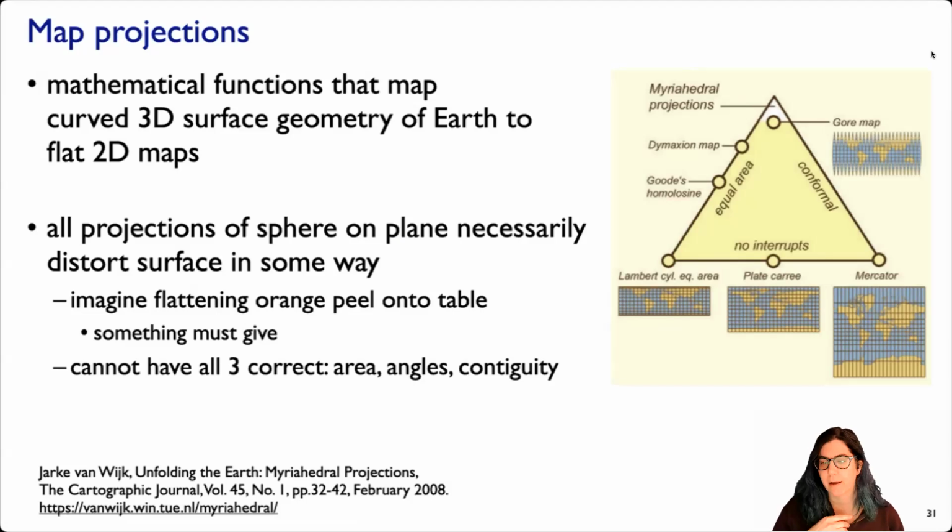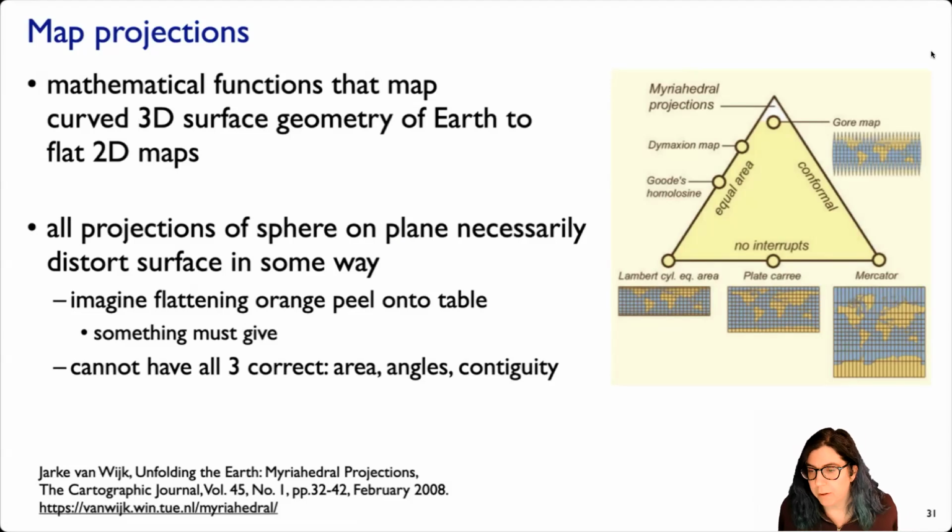You can't have all three of the area and the angles and the contiguity relationships correct. One of them has to be wrong. In a lot of mapping, it's a trade-off between the area being correct and the angles being correct. But there's also this third possibility, which is, well, is it all contiguous or are you allowed to have interrupts?